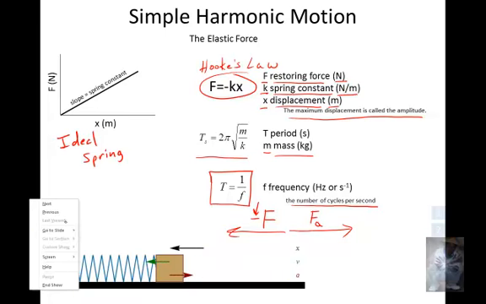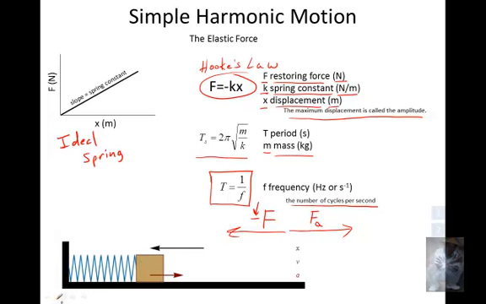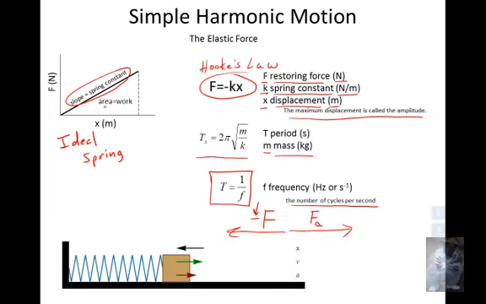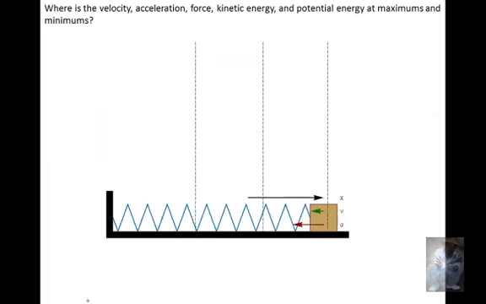The first feature that we'll notice is the fact that the slope is equal to the spring constant. The next feature is the fact that the area represents the work done in extending the spring.